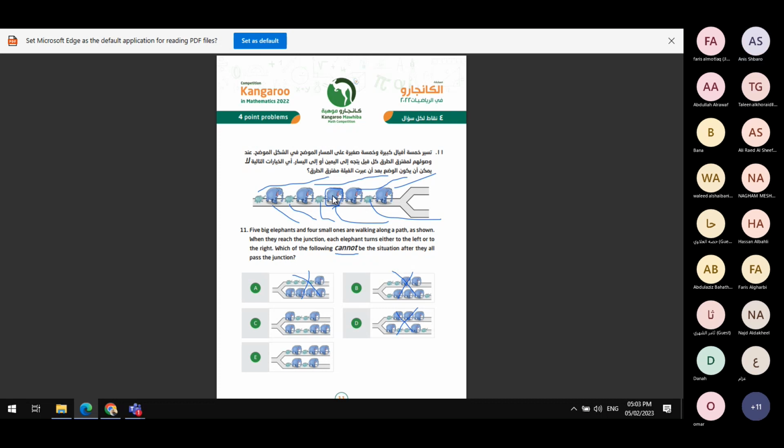And then we put the big elephant up, and the small elephant up. So you obtained the choice E. So of course, C, it's not a suitable situation, so we cannot take it. So C is the answer.